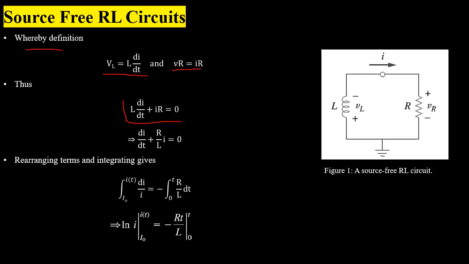Now to find the response of the inductor current, we will rearrange and perform integration of the equation di/i equals minus R/L dt. After integration, we will have the natural log of current with limits from the initial current I0 to the present current i(t), equal to minus R/L times t with integral limits of time 0 to present time t.